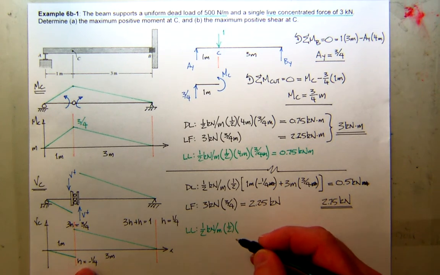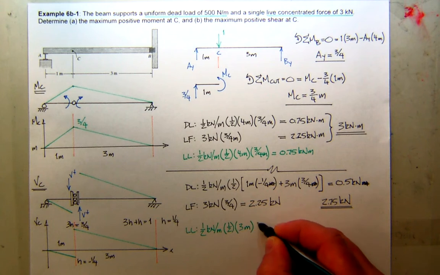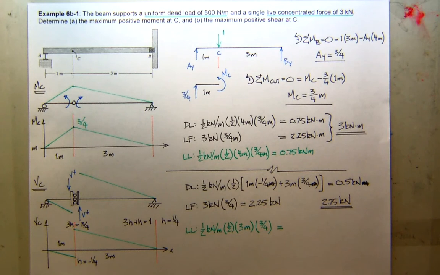But just the positive part would be a base of 3 meters and a height of 3/4. So that's 9 divided by 8 divided by 2, which is 9/16, or 0.5625.